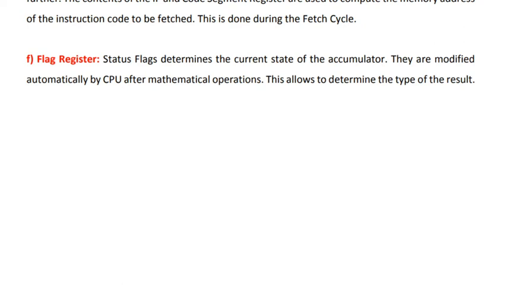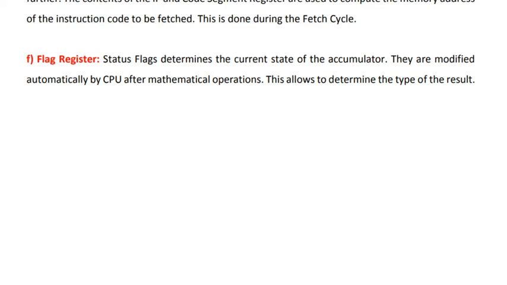The 6 status flags are overflow flag, sign flag, zero flag, parity flag, auxiliary carry flag, and carry flag. The 3 control flags are direction flag, interrupt flag, and trap flag.